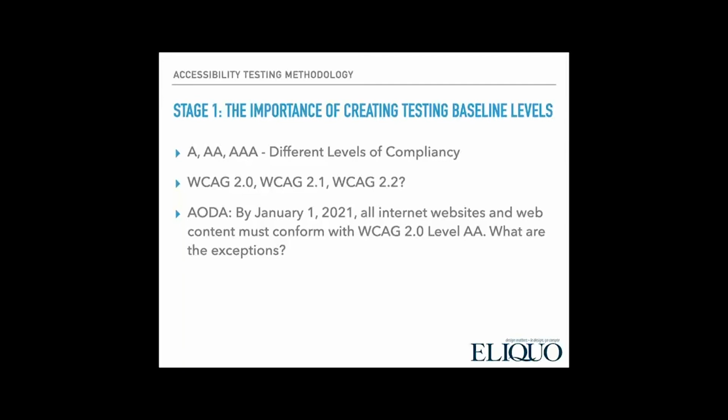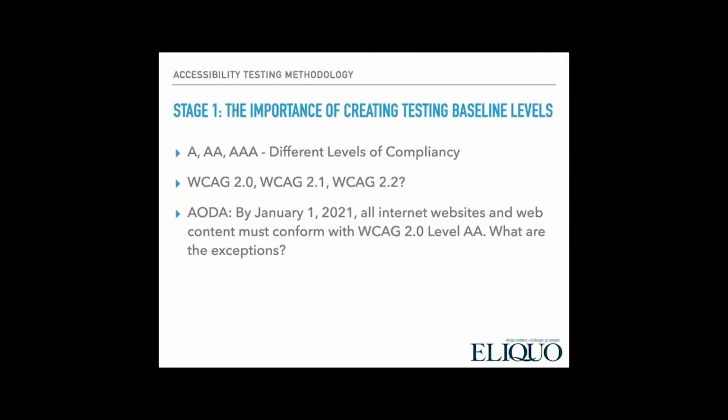Now, there are different levels of guidelines. In those guidelines, there's A, which means you need to meet it. Plain and simple, the A criteria is what everybody needs to meet to call themselves accessible. There's AA compliance, which means we probably want to meet these guidelines as well to call ourselves accessible. Now, for the legislation in Canada, that means, yes, you need to make your content accessible to AA compliance.